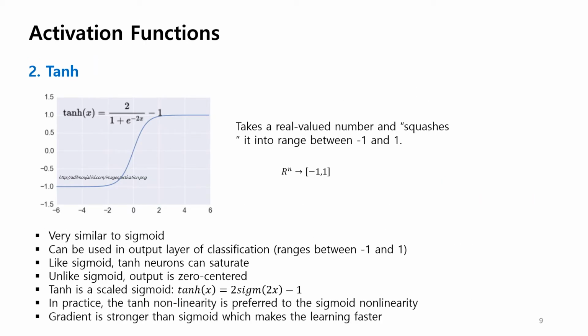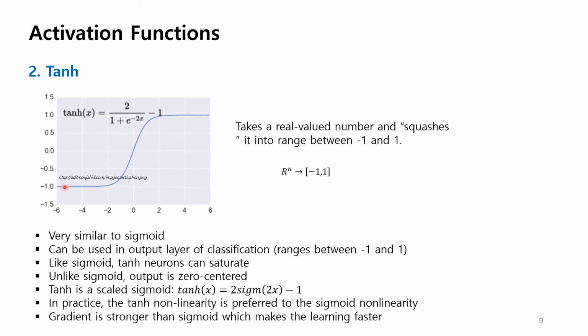The second activation function is hypotangent, and this is the shape of hypotangent. It is very similar to the sigmoid function. The only difference is that in hypotangent you shift the graph downward a little bit, and it now ranges between 1 and -1.